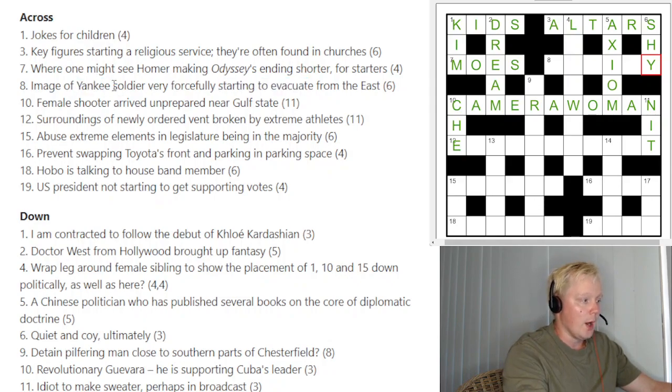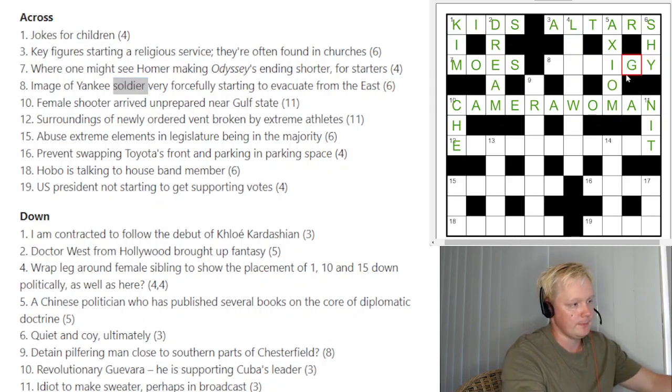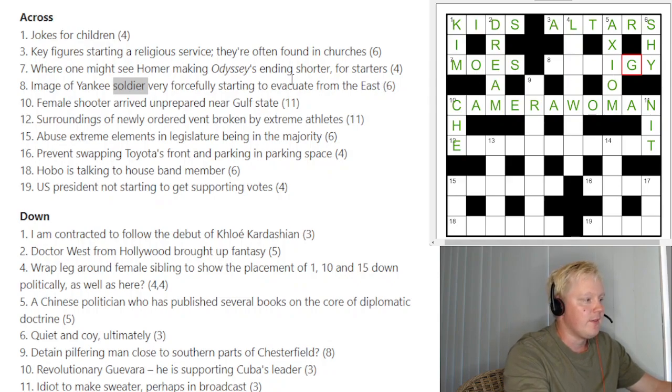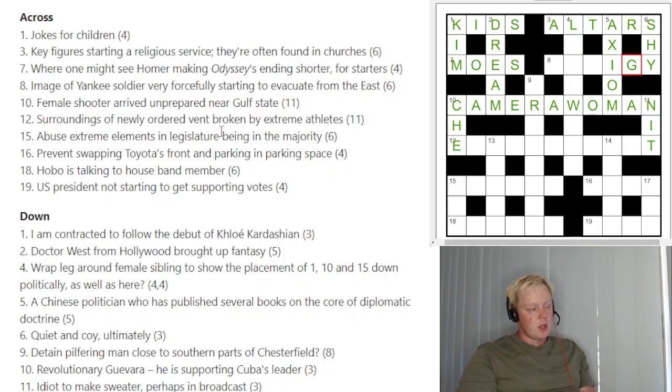So Yankee, Y, soldier, well, a soldier can be a GI. So we would have Y here, GI, and then very forcefully. Now, sometimes you see musical abbreviations used, which is P for quietly, piano.